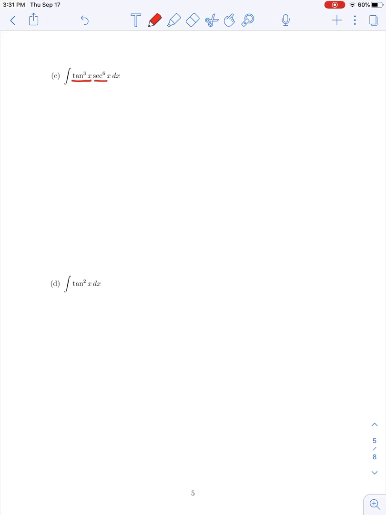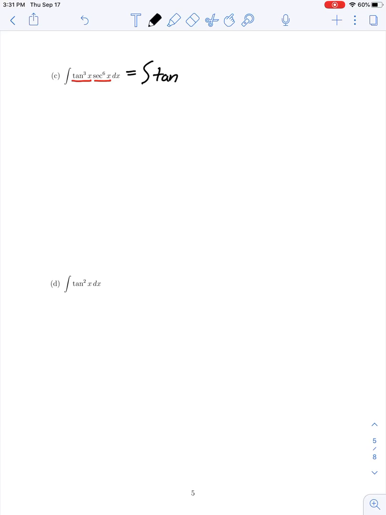And if I look at the power of secant x, well, I see I have an even power of secant x. So I could also use the second approach that we had talked about, where I factor out a secant squared x. So here, either approach will yield the same answer in the end. So it's just a matter of personal preference which approach you prefer to use. So here, I think my preferred approach would be to factor out a secant x times tangent x.